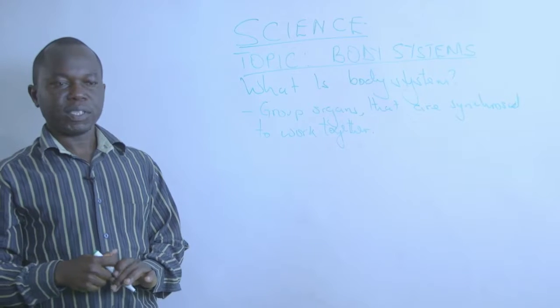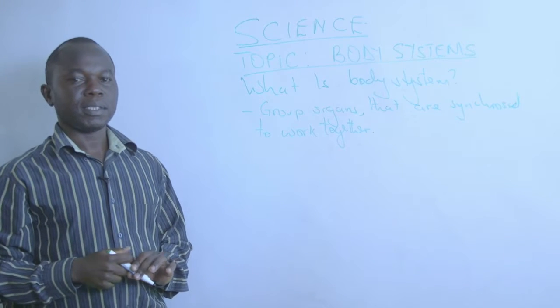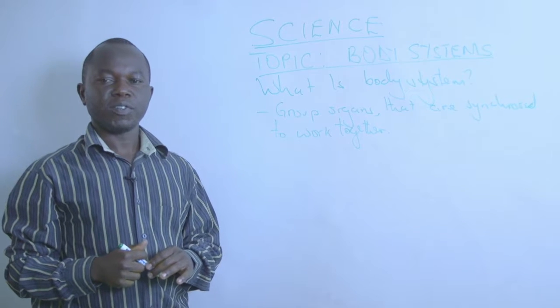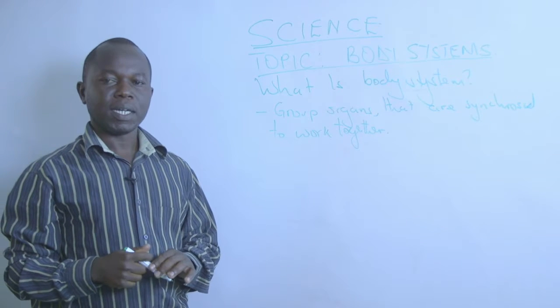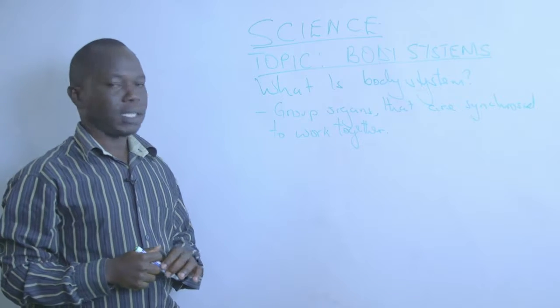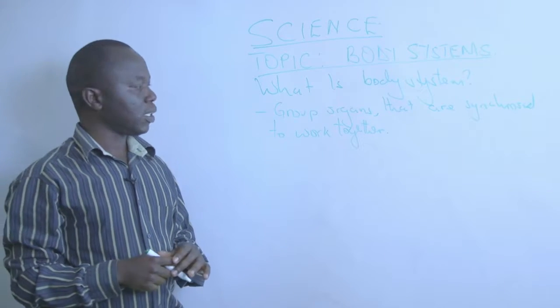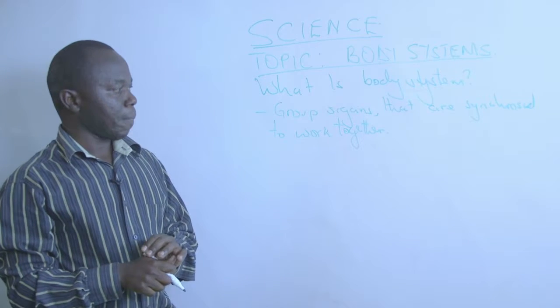As I've just mentioned, for example, the digestive system is made up of the mouth, the esophagus, the stomach, small intestines, large intestines, and so forth. So they have to be synchronized so that they can work together.